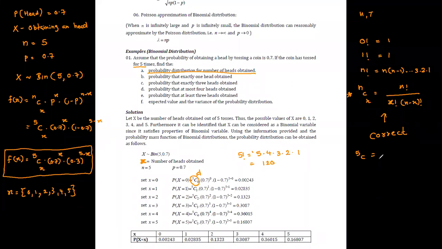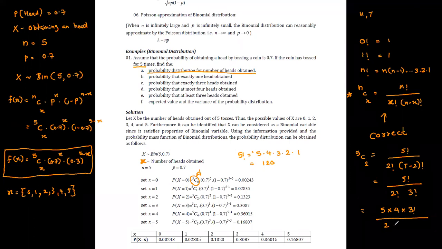If it is 5C2, then we can say this is 5 factorial divided by 2 factorial, 5 minus 2 factorial. Then this can be written as 5 factorial divided by 2 factorial times 3 factorial. Then 5 factorial can be written as 5 multiplied by 4 multiplied by 3 factorial, because here it goes down to 1, therefore no need to do much more calculation.